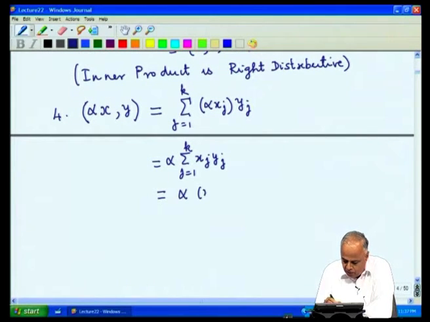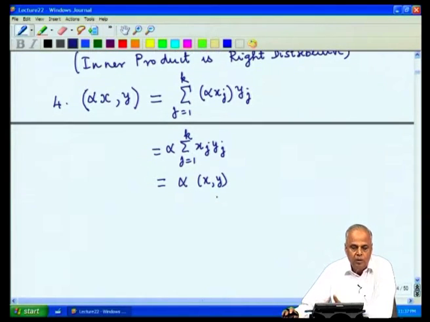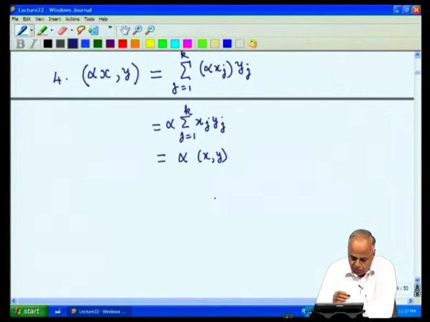So, it is just alpha times x comma y. This simply says that the alpha can be pulled out of the inner product from the first factor.